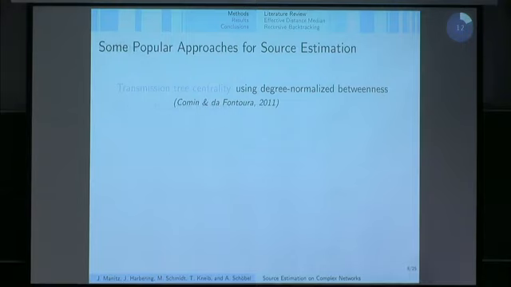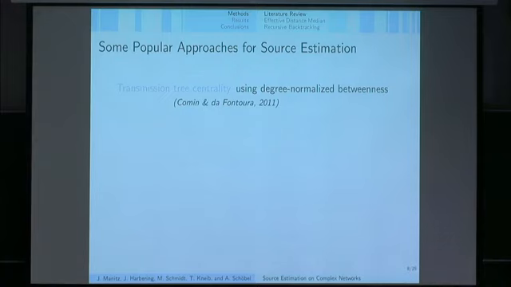Very popular, the whole idea of finding the origin of a spreading process started not that long ago, about 6 years ago. One very simple work is by Comin and Da Fontoura Costa, which is essentially just maximizing a degree normalized betweenness on the transmission tree.